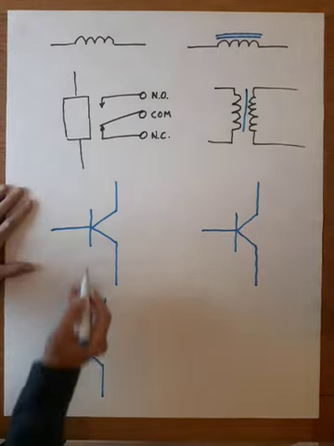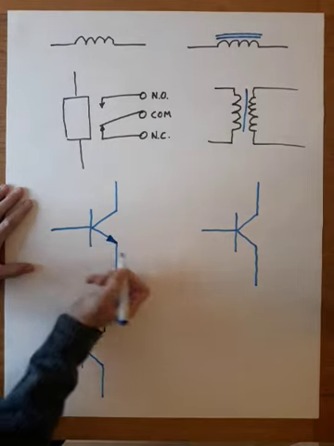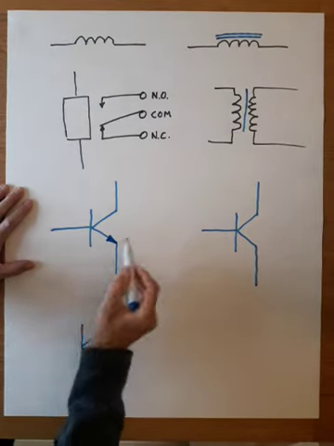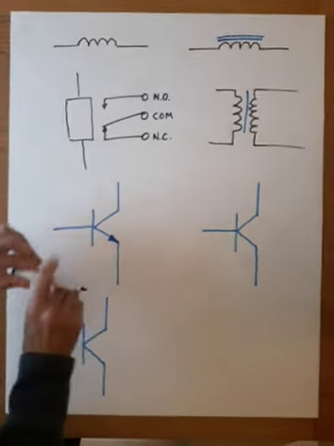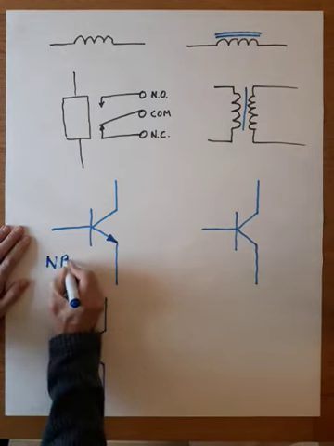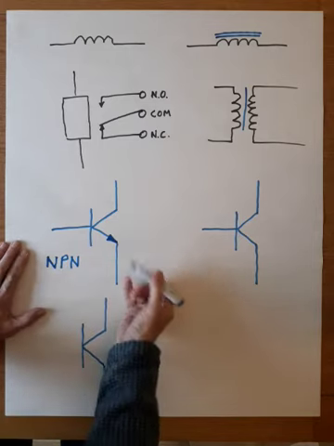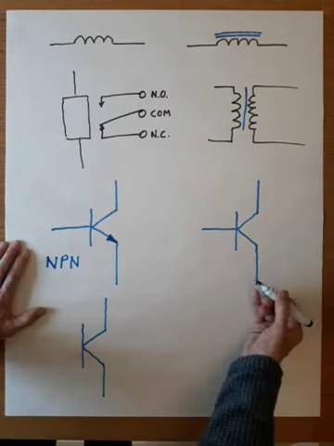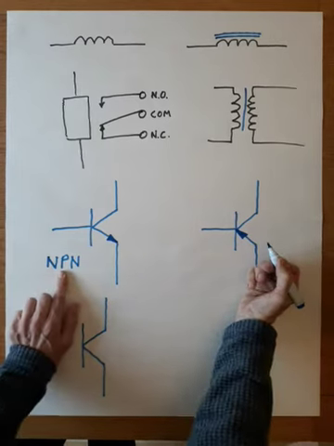Transistors, very simply, the direction of this arrow tells us the type of transistor. This arrow is pointing away, it's pointing that way, so it's not pointing in. This is an NPN transistor. Its complementary counterpart has the arrow pointing in, and it's just the opposite of this.